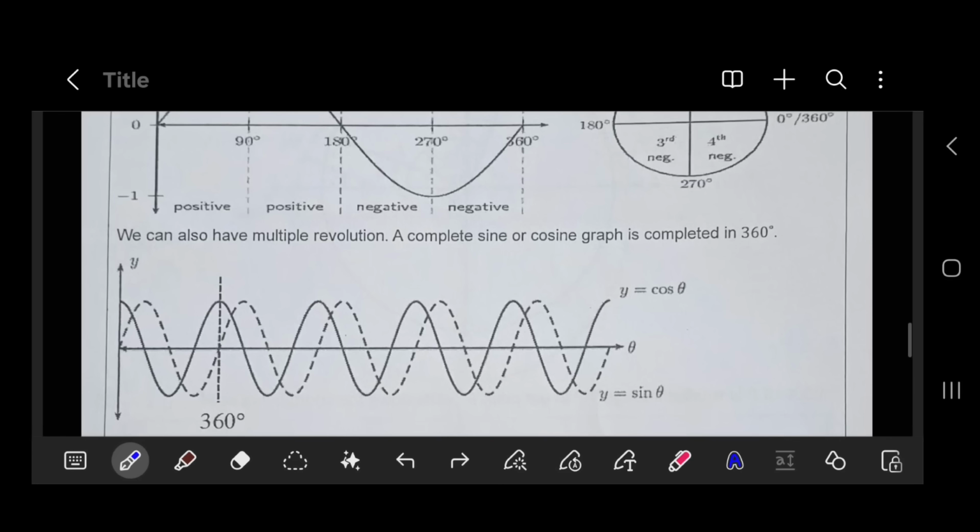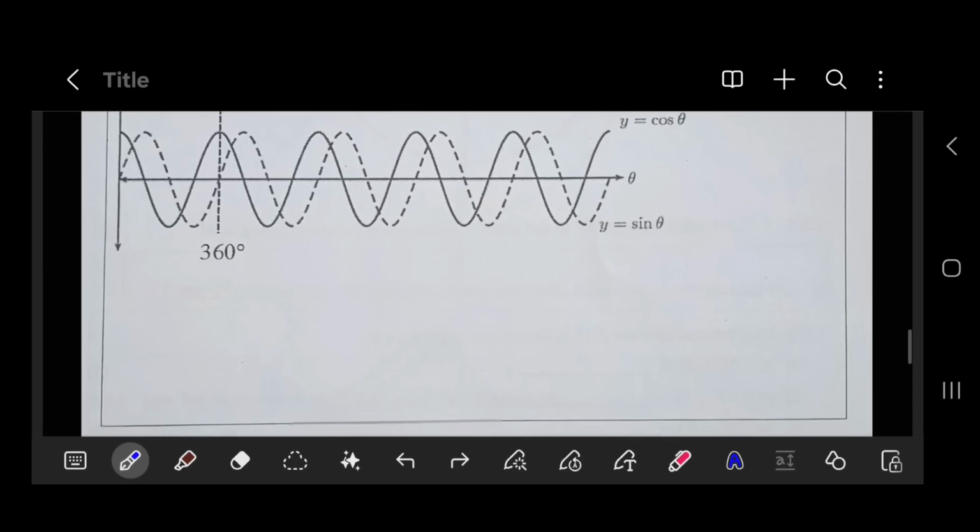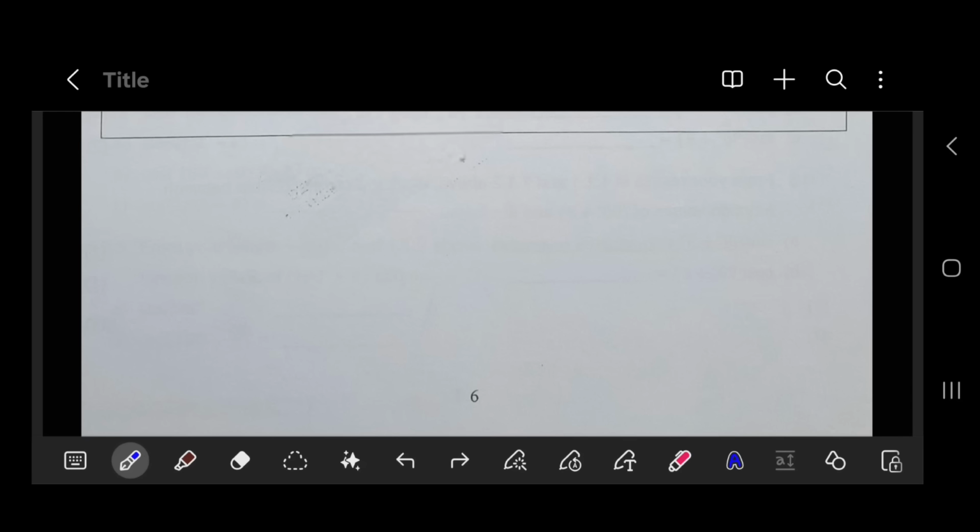It says, we can also have multiple revolutions. A complete sine or cosine graph is completed in 360 degrees. This is what I was talking about, where I said that we may have more than one wave, so it goes beyond 360 degrees. In this case, the solid line represents y is equal to cos theta, and the dashed line represents y is equal to sine theta. Now, let us have a look at the next question.